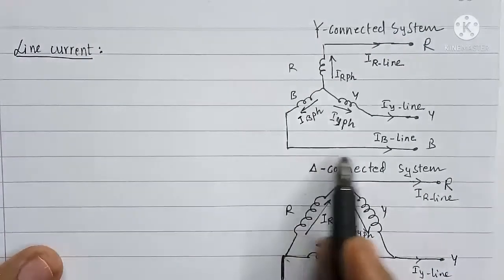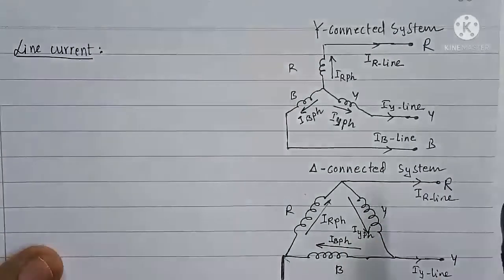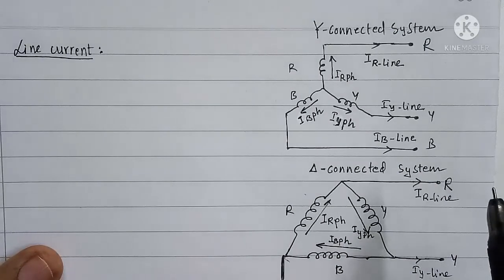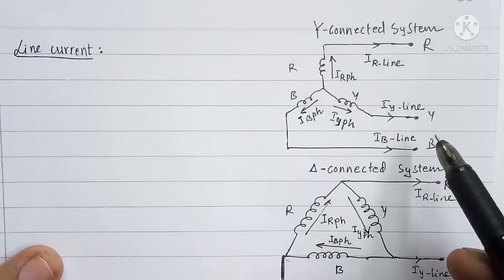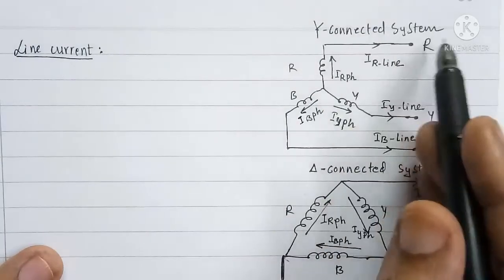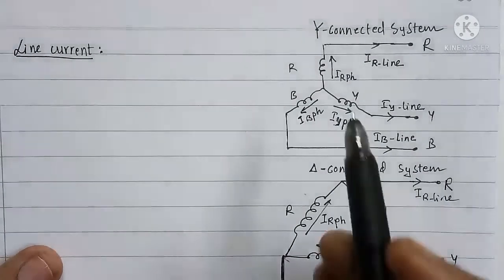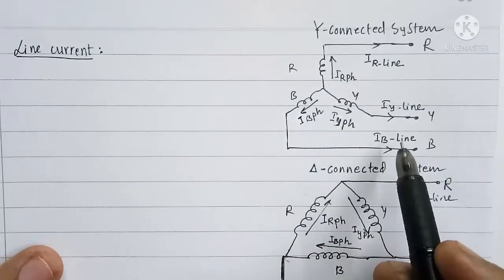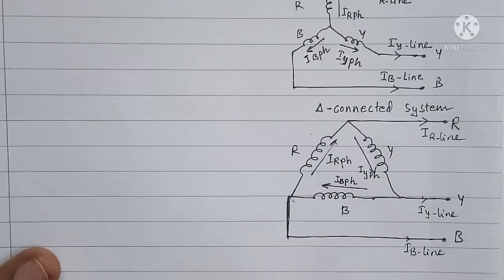And IBPH is equal to IB line, which means that phase current and line current are equal for a star connected system. But in case of delta connected system, it is not like that.